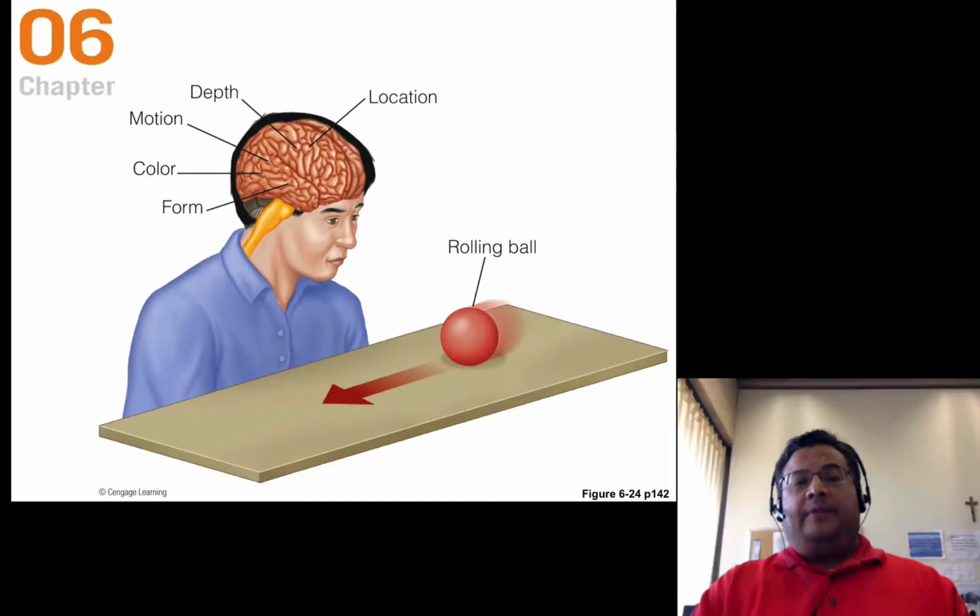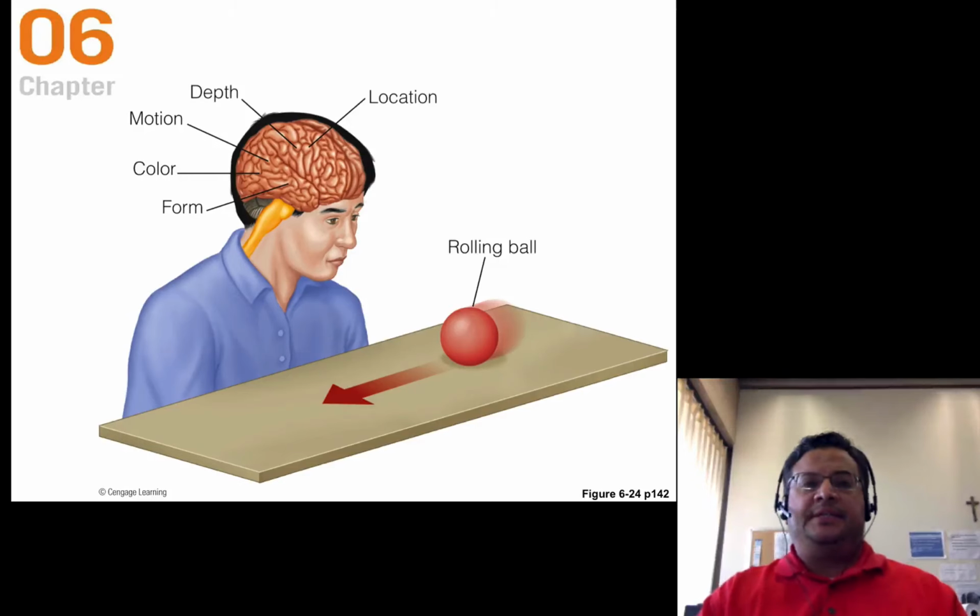So here we have this example of this person with this brain sticking out of his head. And what this person is doing is looking at a rolling ball, right? And this person is perceiving many different things at once, perceiving how the ball is changing location moment by moment, the color of the ball, the direction of the ball, how fast the ball is going, the depth, the way the ball sounds as it's rolling against the surface that will tell him what the ball is made of.